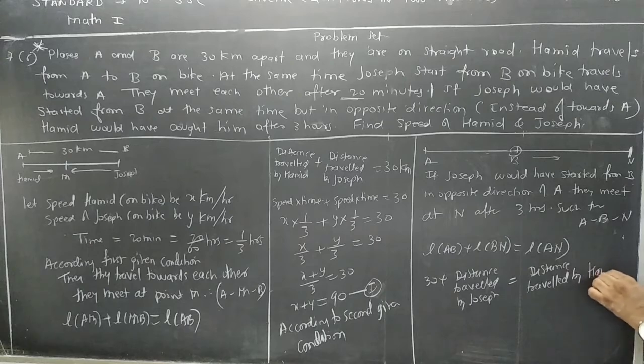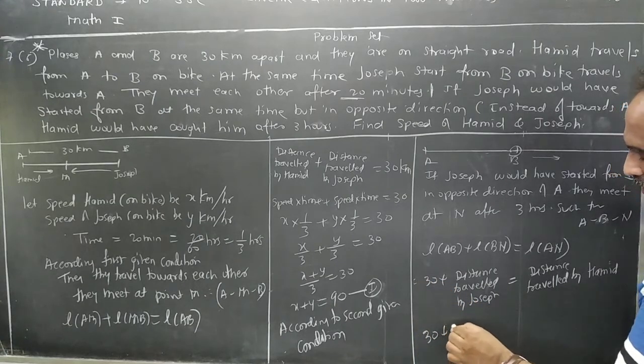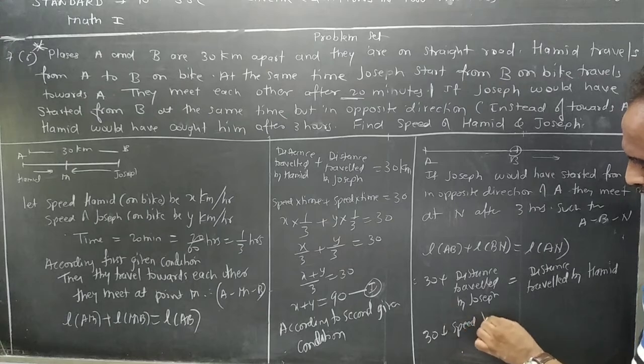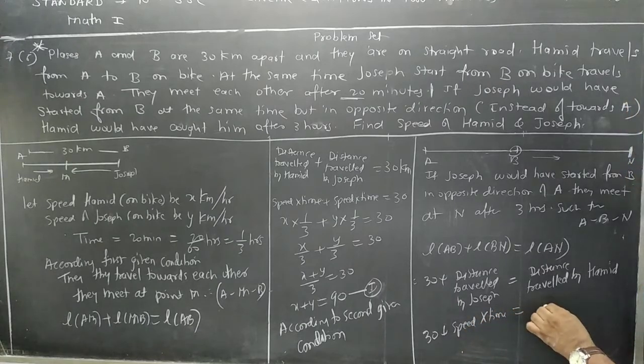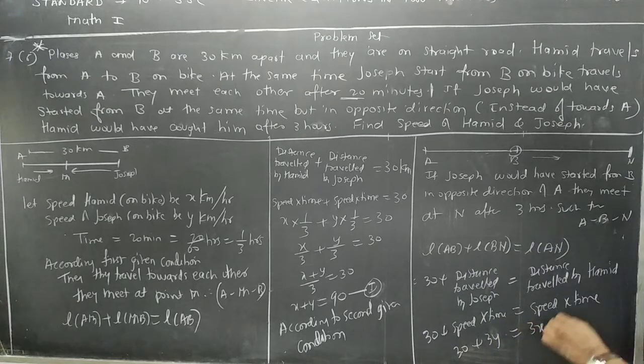Hamid. So this is plus side only, na? So 30 plus, again same, speed into time. Here also we can write speed into time. So what did you get now? 30 plus 3y, sorry I made a mistake, is equal to 3x.